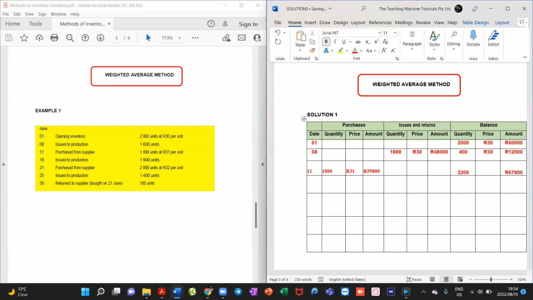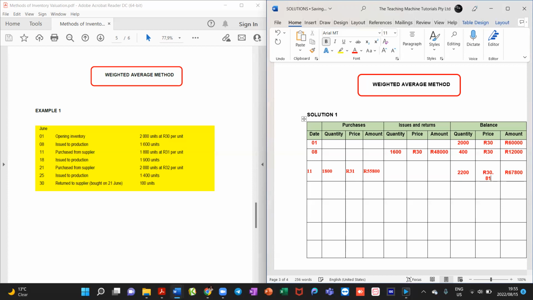Okay. Third step, work out the average price. How do you work out average price? 67,800 divided by 2.2. That's how you work out your average price. How much is it? 30.81.